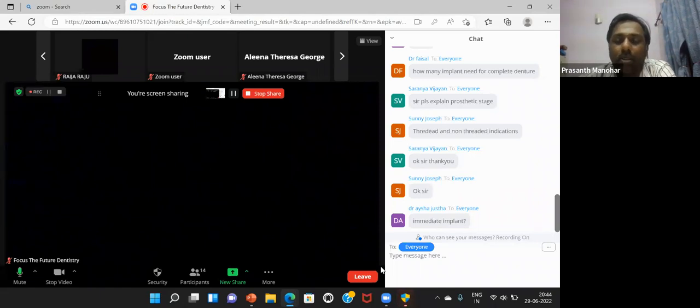Immediate loading means immediately after the implant placement, we are giving a prosthesis or a crown over it. That is immediate loading implants. Immediate implant means implants that are placed immediately after the extraction. Understood? Clear?